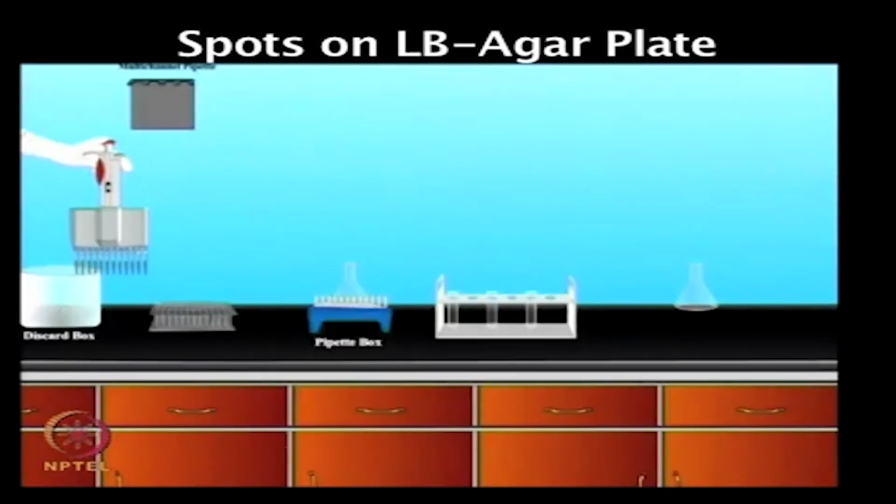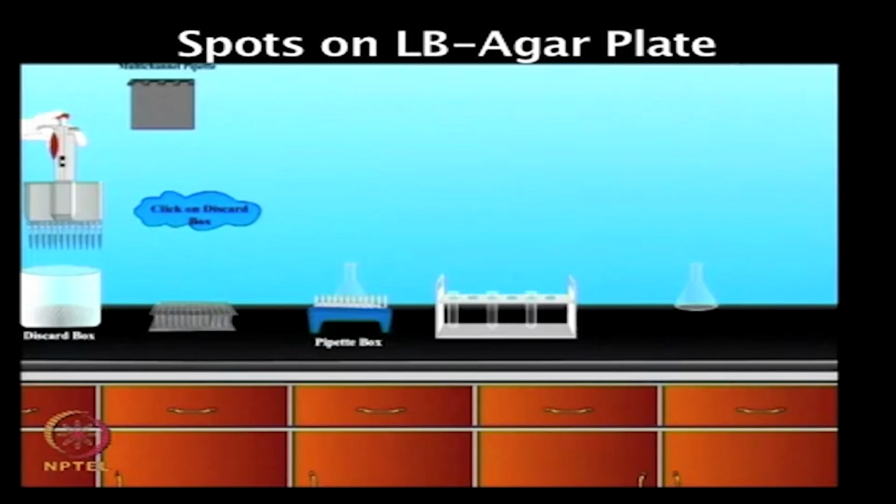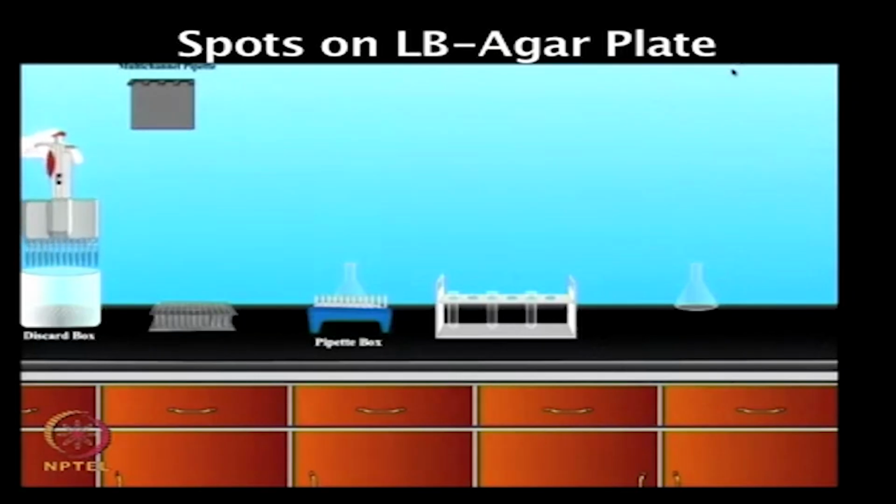So, remove the supernatant from these bacterial cultures. Discard the tips, and once you have completed that for all the wells, then you are ready to perform the DNA plasmid isolation.